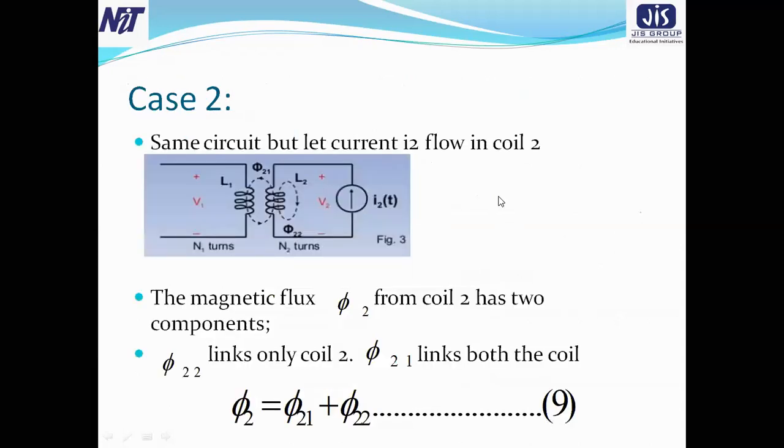Now case 2. Case 1 is complete, so now let's discuss case 2. In case 2, same circuit, but let current I2 flow in coil 2.